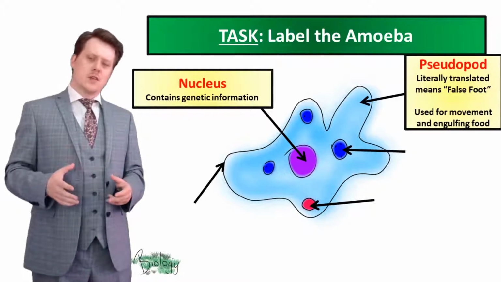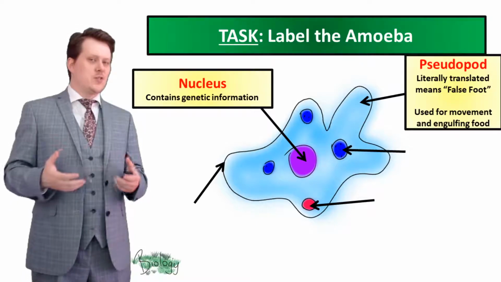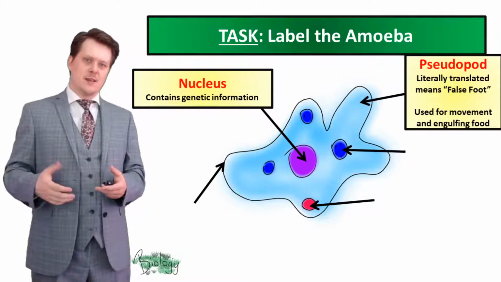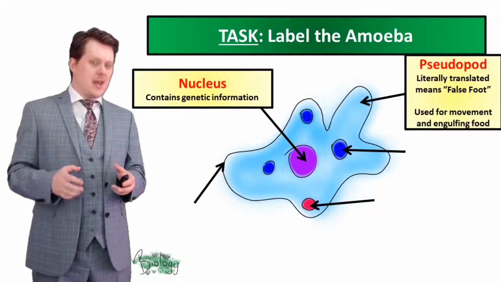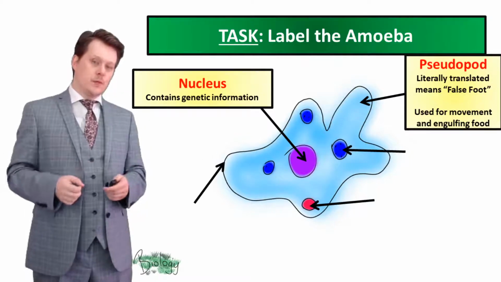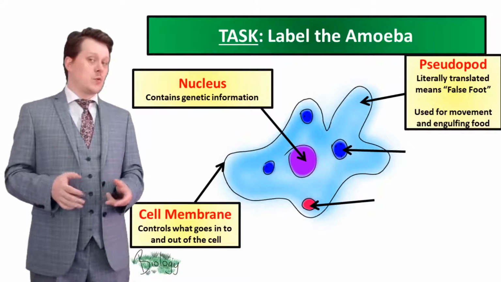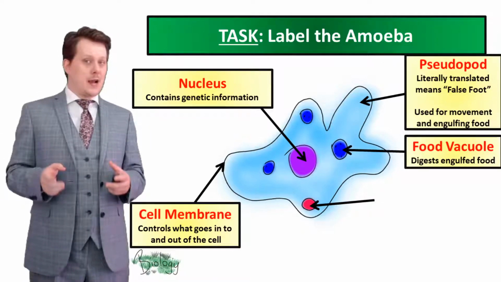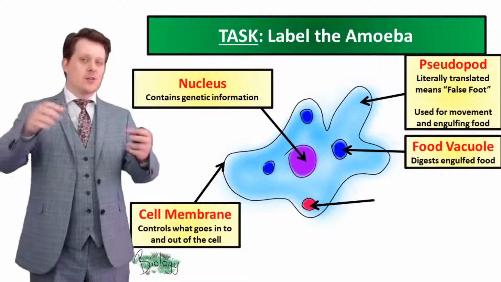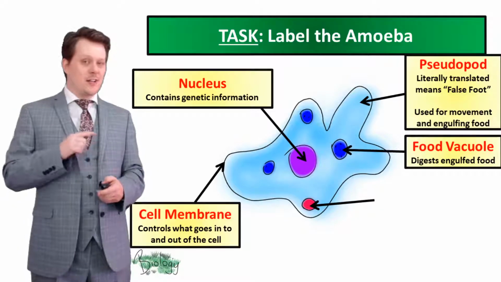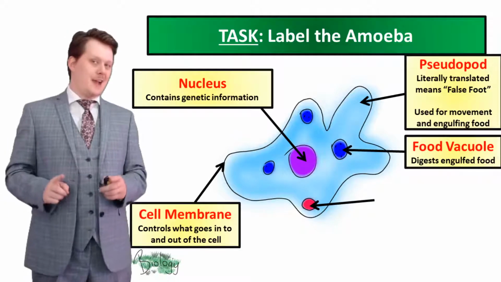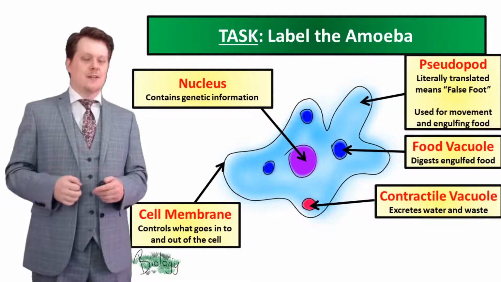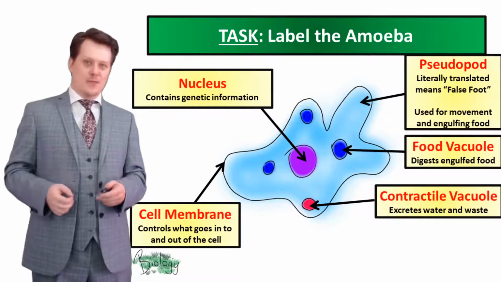It also has something called pseudopods, which literally translated means false feet, and these are used for movement and for engulfing food. It has a cell membrane which controls what goes into and out of the cell, and it has a food vacuole, so food that has been engulfed by the pseudopods is digested in the food vacuole, and it has a contractile vacuole which excretes water and waste products.